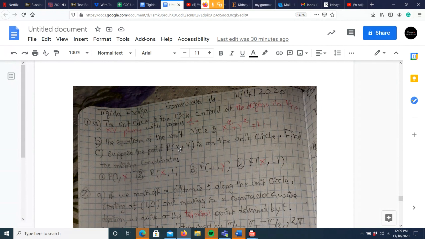Can you prove it? If I look at the unit circle, let me look at it. It's right here. You have your unit circle on B, x squared plus y squared is 1. Given this point, the x value is 1. If x is 1, I just plug in.